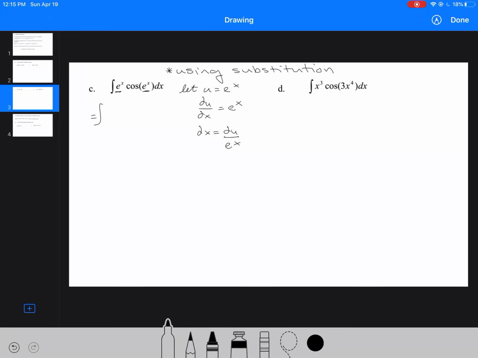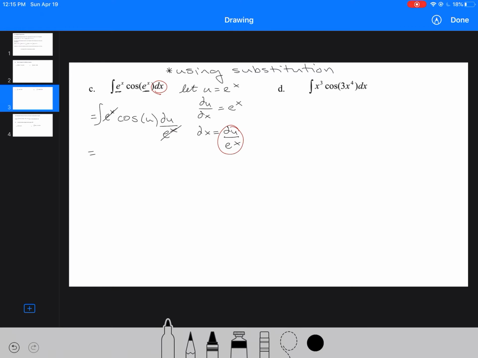Now I'm going to make my replacements. So I'm going to leave this e to the x outside the same. I'm going to replace the e to the x on the inside with u. And then I'm going to replace dx with this expression that I created over here, circled in red. So now I've got du over an extra e to the x.